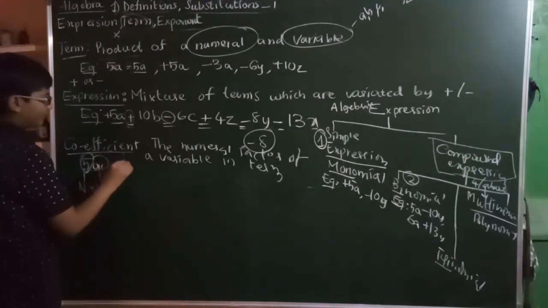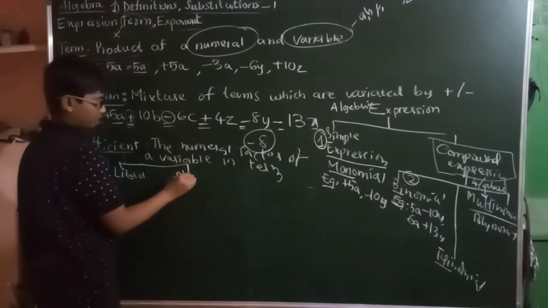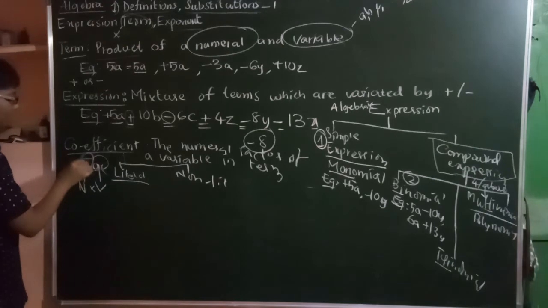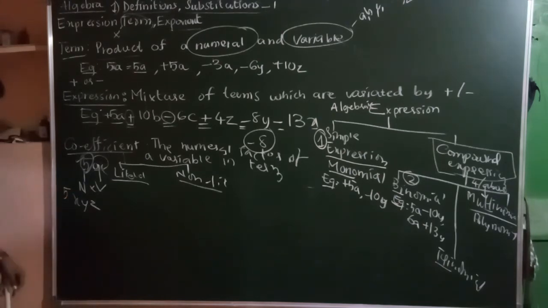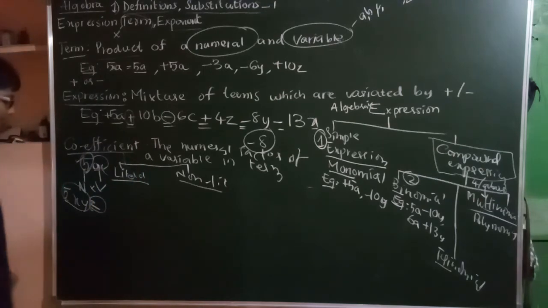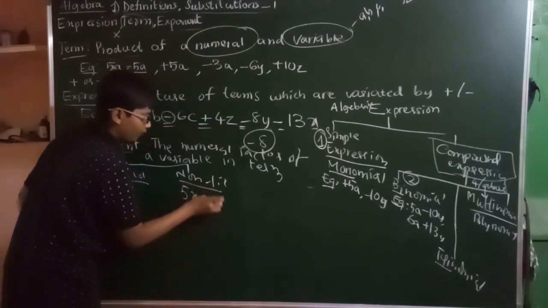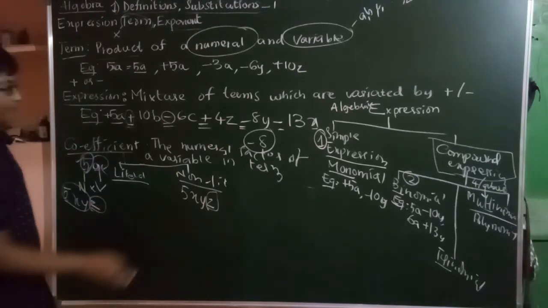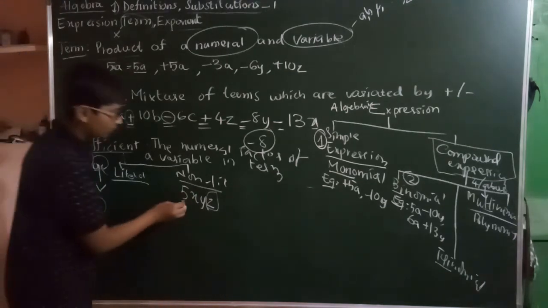Sometimes coefficient is also explained as two types: literal and non-literal. Suppose we have 5xyz. If you ask the coefficient of z, we directly tell it's 5, but sometimes it also becomes 5xy.